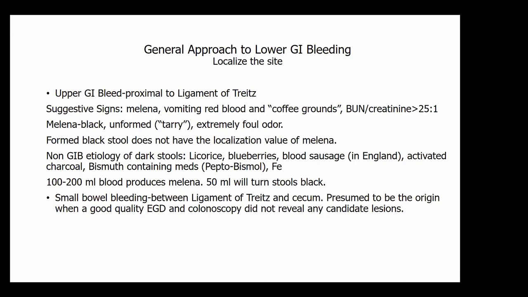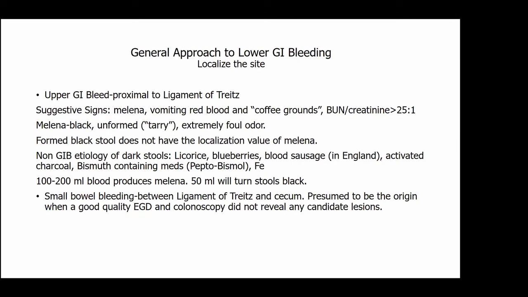GI bleeds are classified into upper GI bleeds, small bowel bleeds, and lower GI bleeds. An upper GI bleed begins proximal to the ligament of Treitz. Suggestive signs include melena, vomiting red blood, vomiting coffee grounds, or a BUN to creatinine ratio of greater than 25:1.